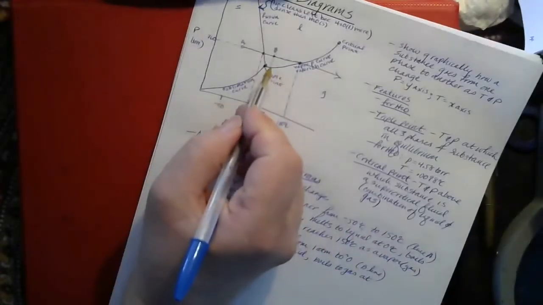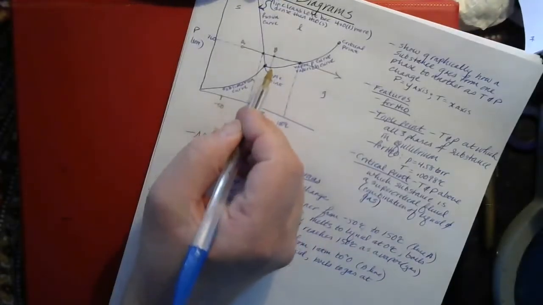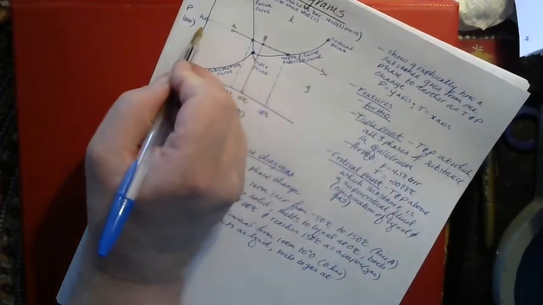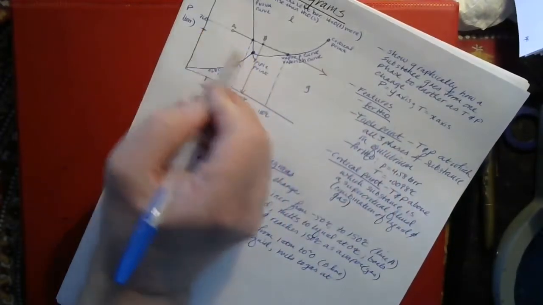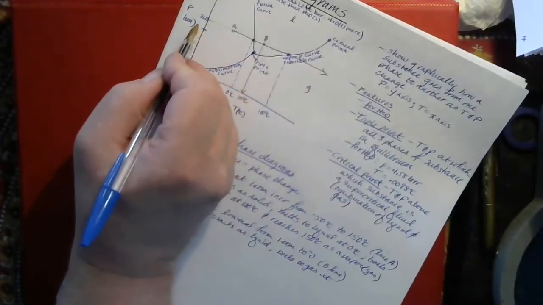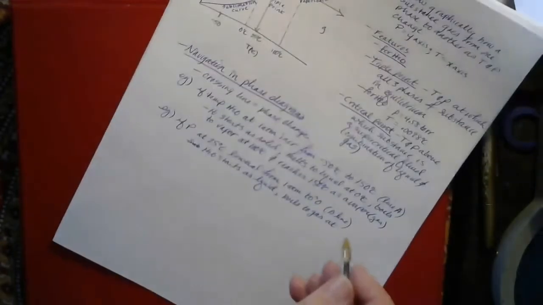The temperature at which that would happen would be 25 degrees Celsius, and the pressure would be the pressure that's directly across here. I'll just call it P1.